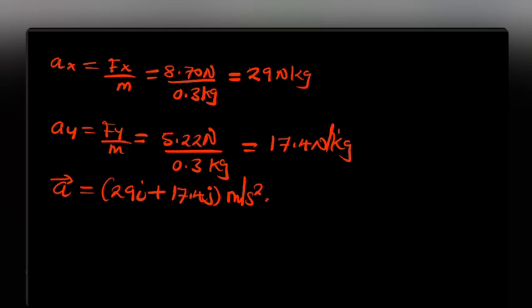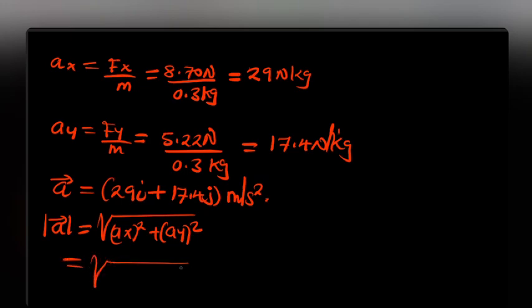Given the acceleration now, we can get the magnitude which they are requesting. The magnitude of the acceleration is equal to the square root of the acceleration in the x component squared plus the acceleration in the y component squared. So this is the square root of 29 squared plus 17.4 squared.